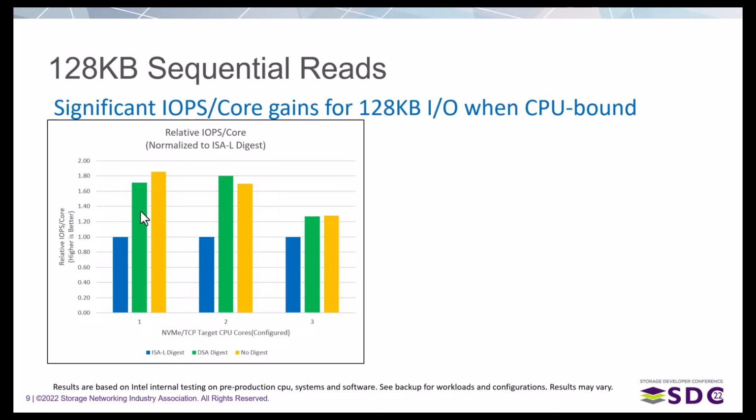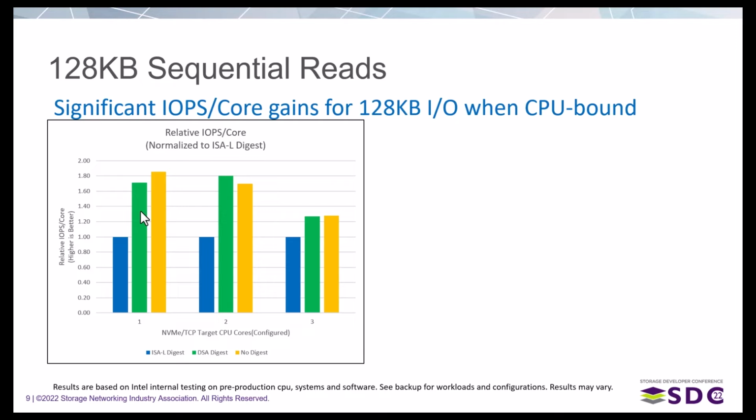It's normalized relative to the blue bar, which is the target using ISA-L to compute the digest. And we measured these numbers as we increased the number of target cores from 1 to 2 to 3, and this is for the 128K sequential read workload at that high Q depth of 1024.